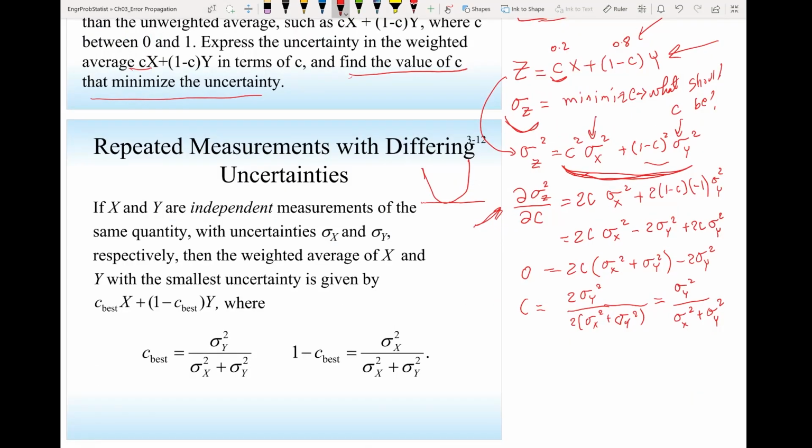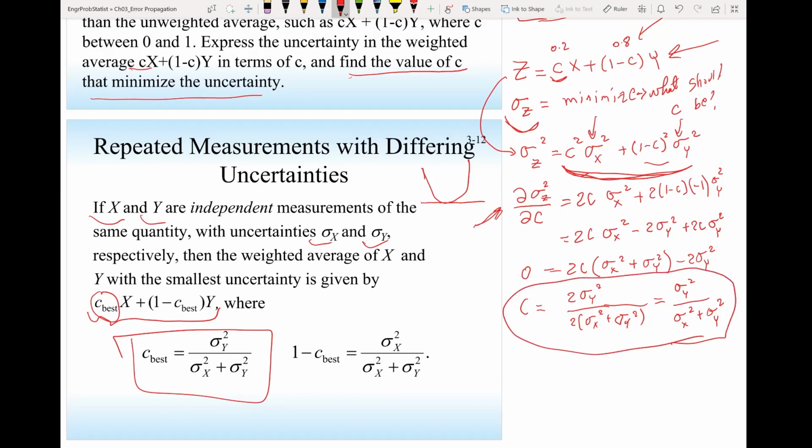If X and Y are independent measurements with uncertainty sigma X and sigma Y, then the weighted average, which is this, will give you the minimum uncertainty if you choose C to meet this condition, the one we just found here.